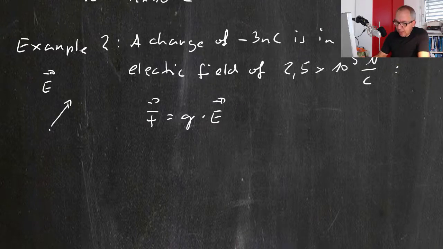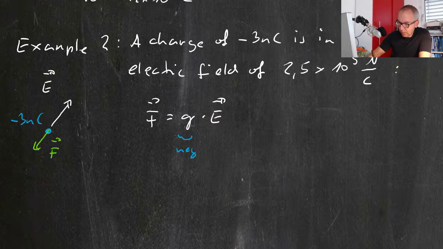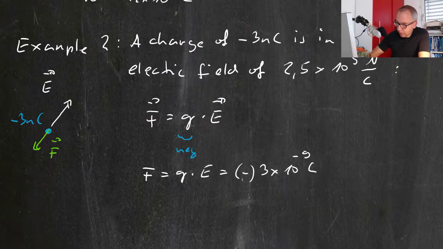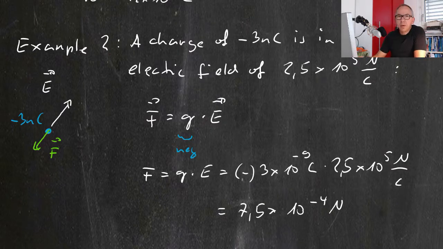And therefore, if here Q in our case is negative, minus 3 nanocoulomb, then the force will be to the other direction as E. And we can get the magnitude. We get a result of 7.5 times 10 to the power of minus 4 Newton.